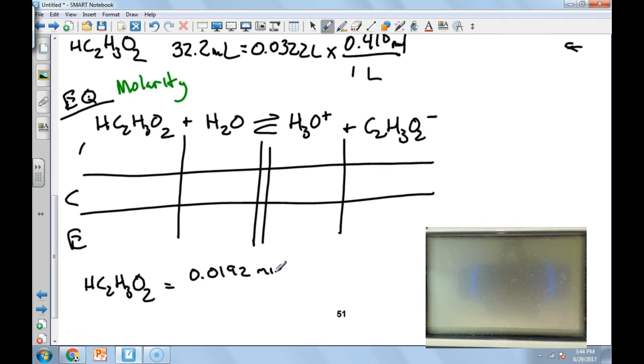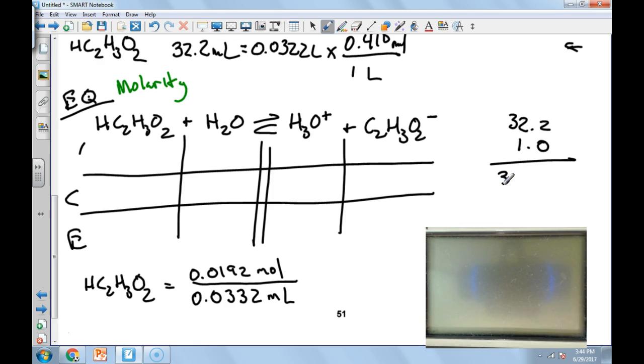0.0192 moles. How many liters do we have? 0.0332. Remember, we had the 32.2, half of the original buffer, plus the 1 milliliter is 33.2 milliliters, which is that number there.